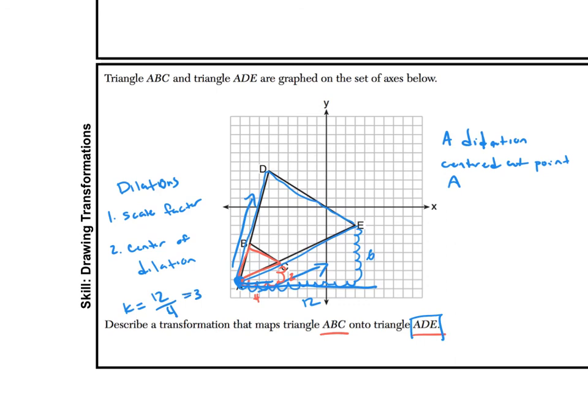Okay, so we have a dilation of 3. So back to our sentence, a dilation centered at point A with a scale factor of 3 maps triangle ABC onto triangle ADE.